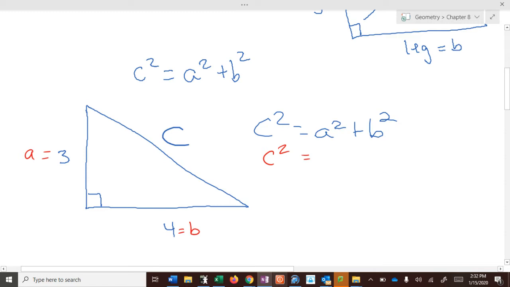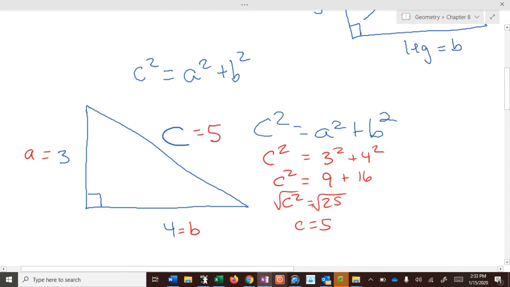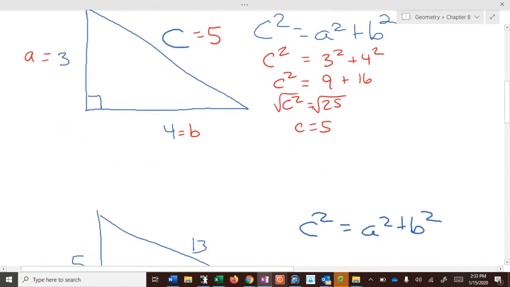It doesn't matter which is which, because a leg is a leg, and when you add them up, it really doesn't matter. So, if we go 3 squared plus 4 squared, then c squared equals, what's 3 squared? And 4 squared. So c squared equals 25. Take the square root, c equals 5. That's how to find the third side of a right triangle. You use the Pythagorean theorem.